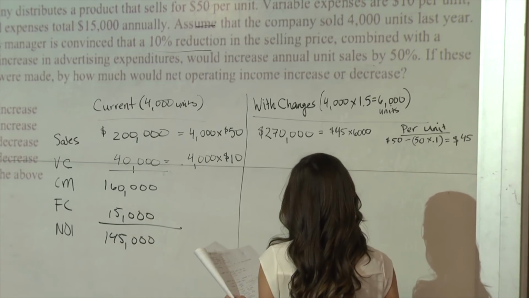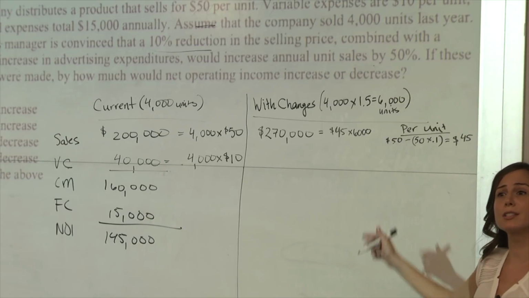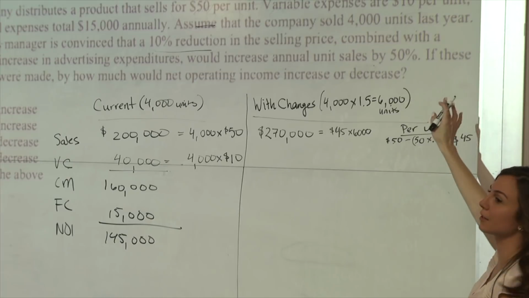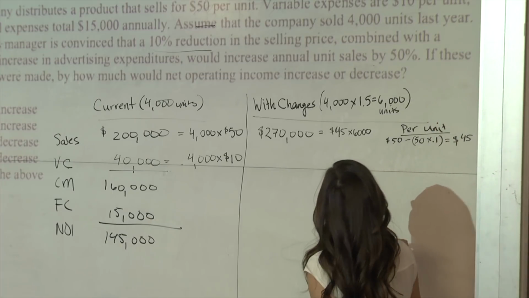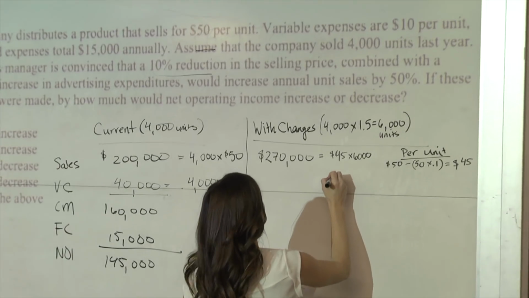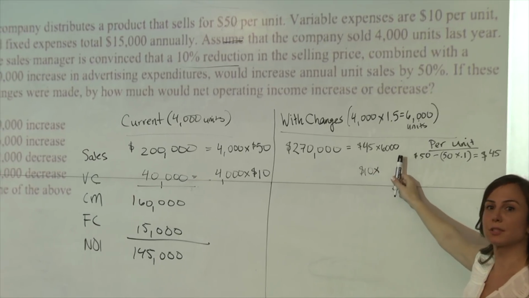Okay. Now we have variable costs. Our per unit variable cost hasn't changed. There's nothing about that in the problem, so we're going to keep that at $10. So in order to calculate the total variable cost, we have $10, but we have to account for the new number of units of 6,000.